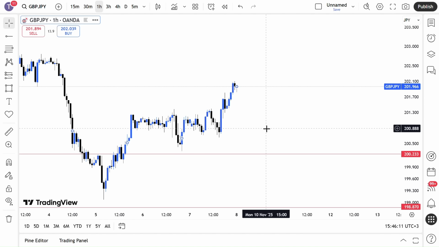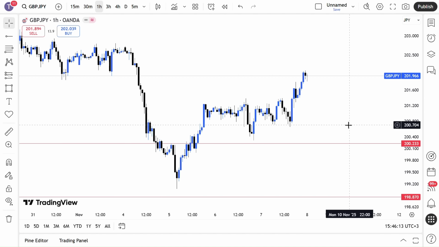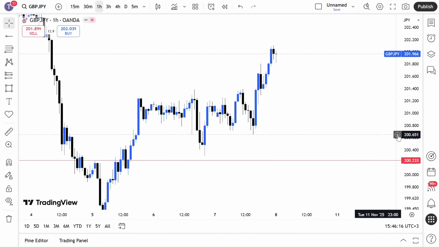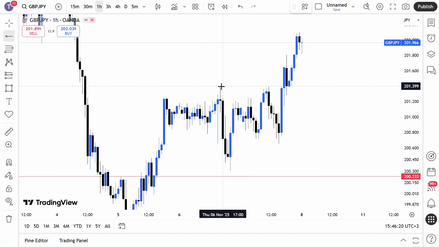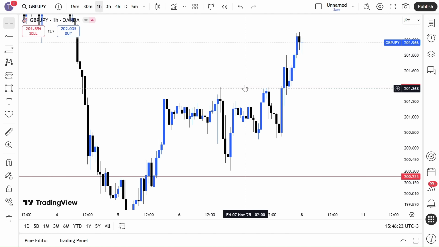let me try to see if I can get a good level to have my entry. So, what I can see here on GBPJPY, the price cleared this highs liquidity. The price cleared this highs liquidity on this side. You can see the candle that cleared the highs liquidity, and the market went down to clear this lows liquidity, the internal structures liquidity, before going up to break structure.